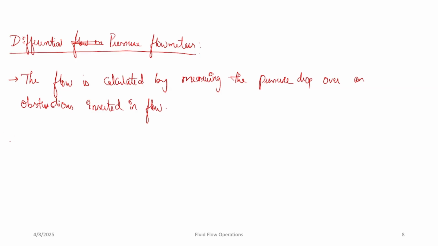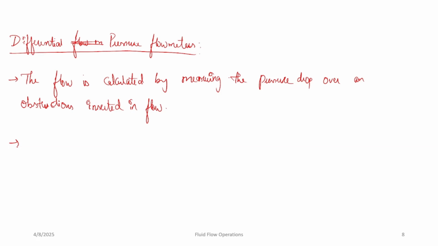So the flow rate will be measured by measuring the pressure drop across the obstructions that are inserted in the flow.